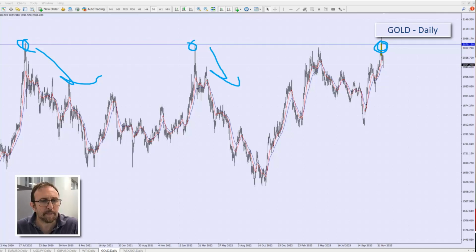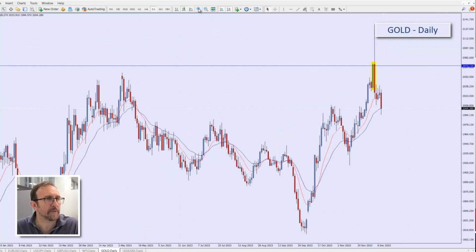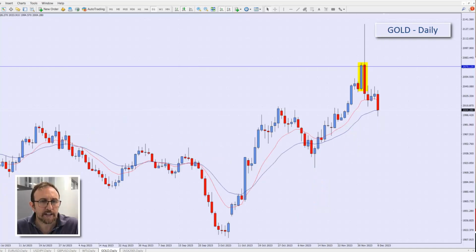Now, typically what happens with levels that so many people see, if you're trying to trade it, it is quite normal for people to just try and become a seller there, and they place their stops just over here. There's also a lot of algorithms as well that are trying to do the same things.